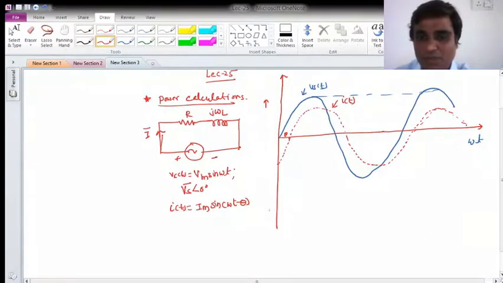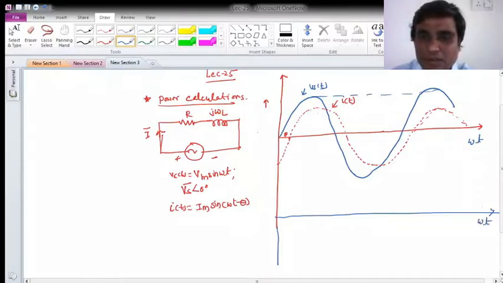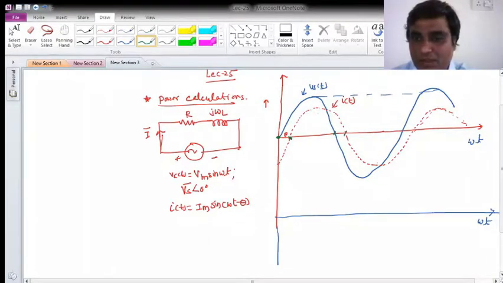Now I would like to compute the instantaneous power. What I am observing is that sometimes the source voltage is positive while I of t is negative, and sometimes I of t is positive as well as the voltage. So what is happening here? Sometimes power is positive and sometimes it is negative. So let me find the zero crossing points, one is this, second is this, then third, fourth, fifth, sixth, and so on.